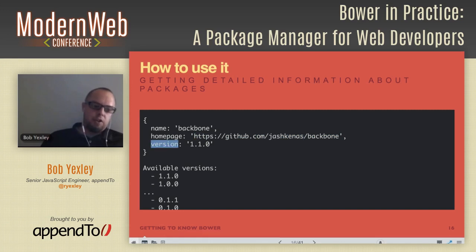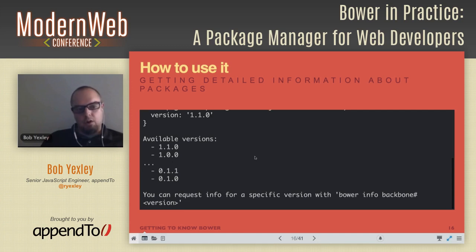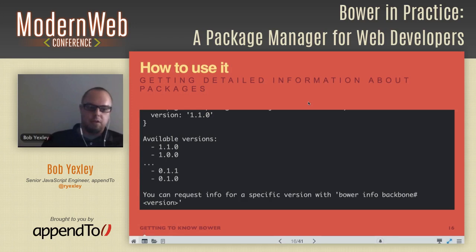The current version of it is 1.1.0. The available versions, it'll list all of them. And then you can request information for a specific version as well by including the version number with the library name, the hash symbol, and then the version that you're looking for. So that's a useful way to get specific information about a specific version of a package as well.